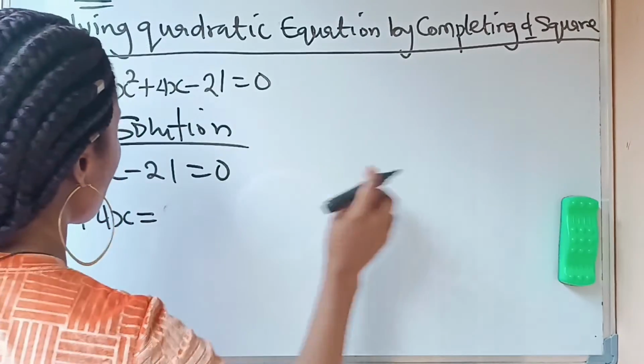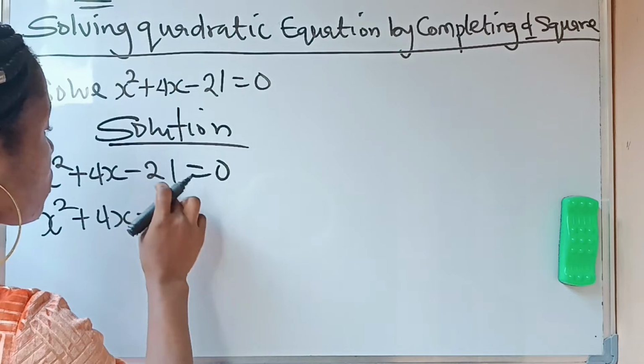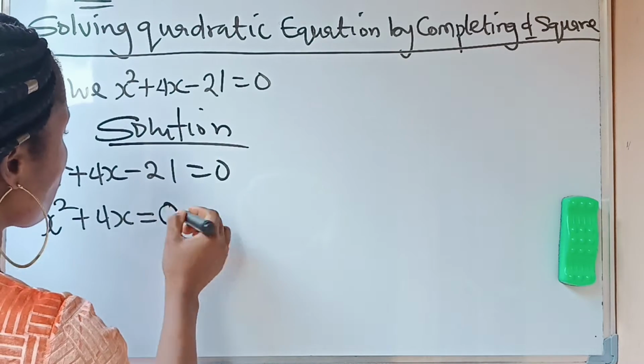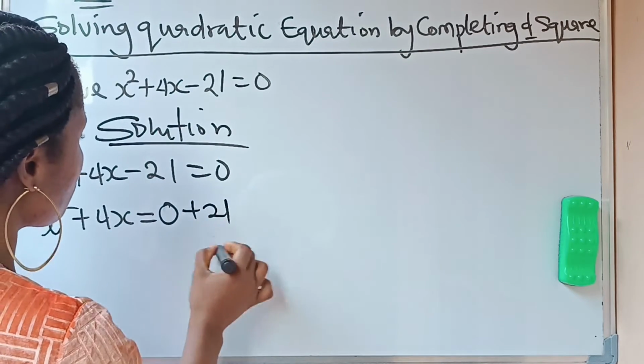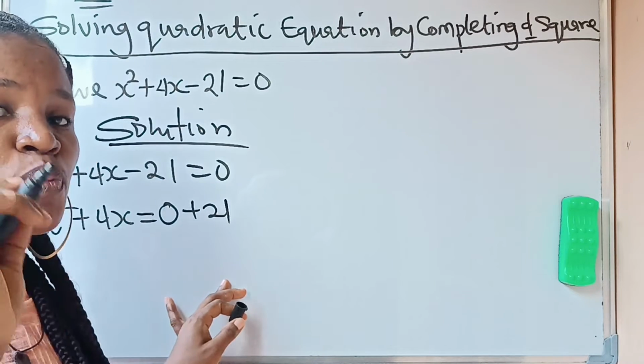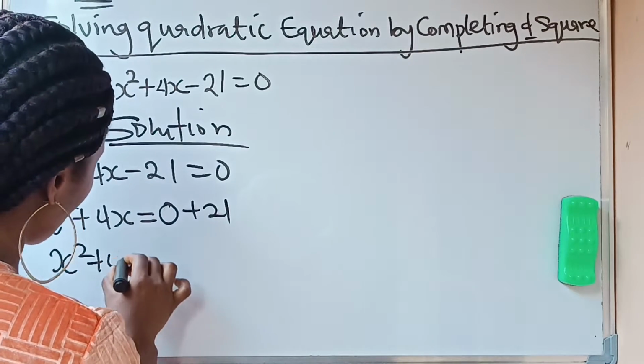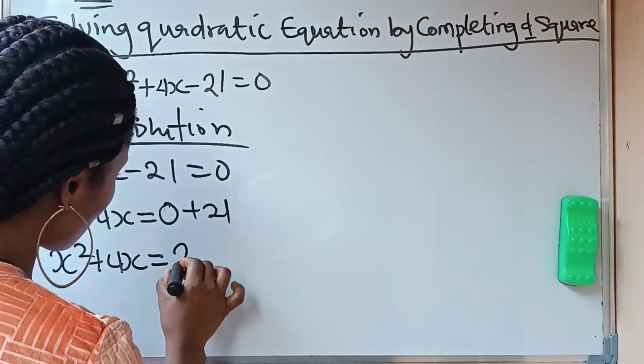If this negative 21 crosses, it is going to be 0 plus 21, because the negative sign will turn to positive. So you now have x squared plus 4x is equal to 21.